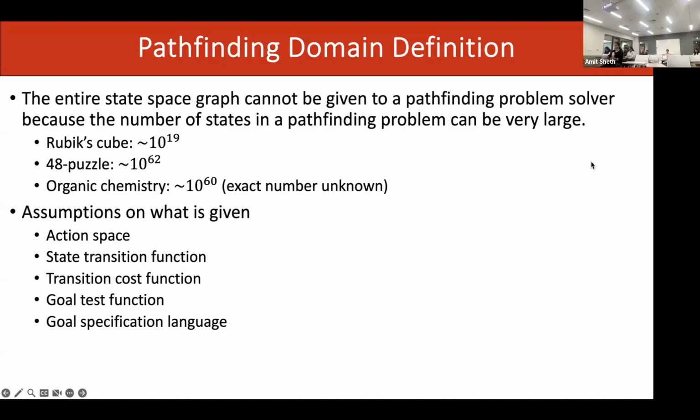We know what happens when we take those actions. We know the costs of taking these actions. We can test whether or not we reached a goal state, and we have some language with which we can specify goals. So the objective then is, given this, can we use AI to solve any given pathfinding problem? That's our research objective.